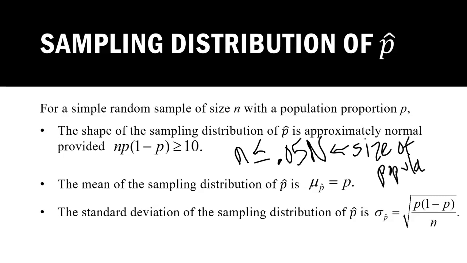In order to calculate that, you have to know the population size, all right? So if you do 0.05 times the size of the population, and your sample size is less than or equal to that, and if n times p times 1 minus p is greater than or equal to 10, then you can conclude that the shape of the sampling distribution of p hat is approximately normal, okay? Sorry, I forgot to mention that, but I'm addressing it now, so make sure you add that to your notes.